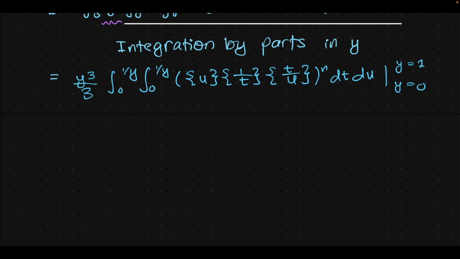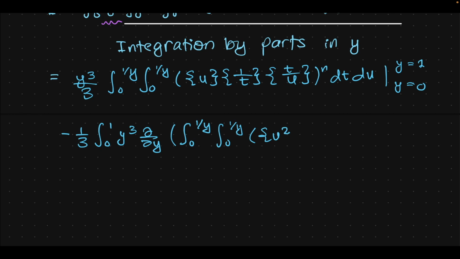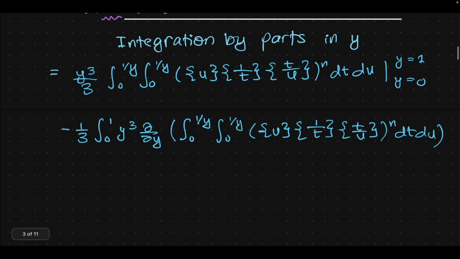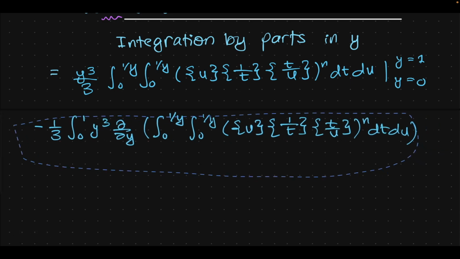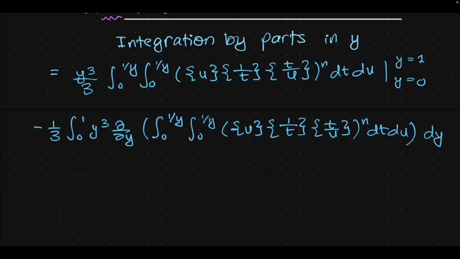And now the derivative part is 1/3 integral 0 to 1 of y cubed. We shall have to partially differentiate with respect to both of these guys. So it's a product of two integrals effectively, if you separate them out. So we shall have to use the product rule while we differentiate. I'm just writing it down so that there's no more confusion going on. And we still need to integrate everything. So maybe I should move this over there, dy, perfect.